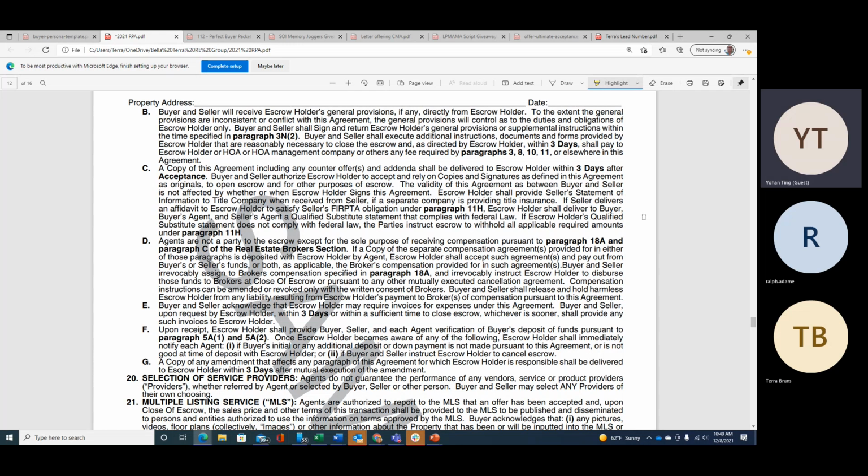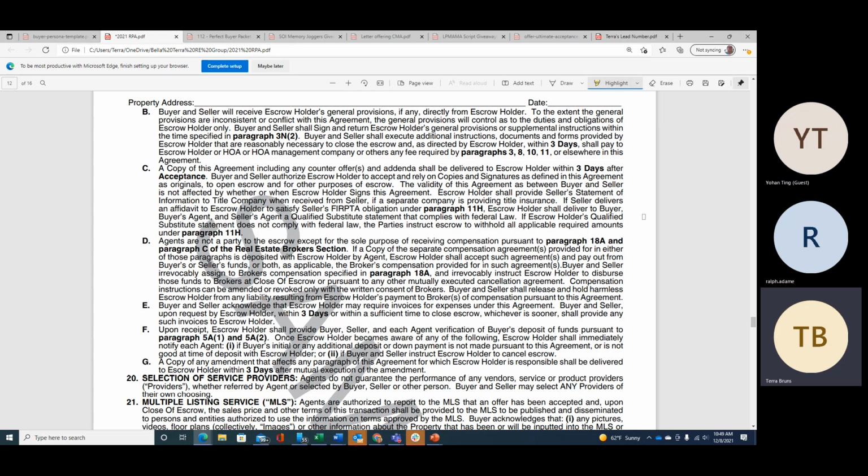If escrow holder's qualified substitute statement does not comply with federal law, the parties instruct escrow to withhold all applicable required amounts under paragraph 11H.